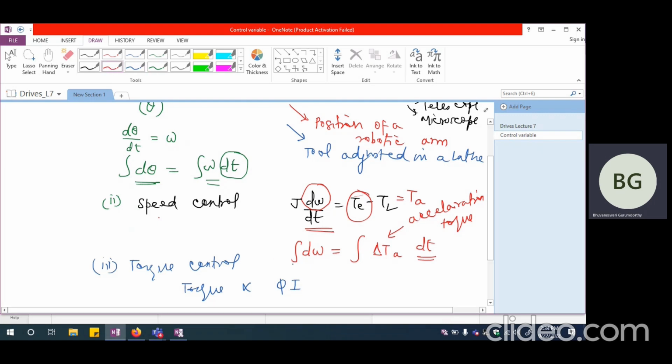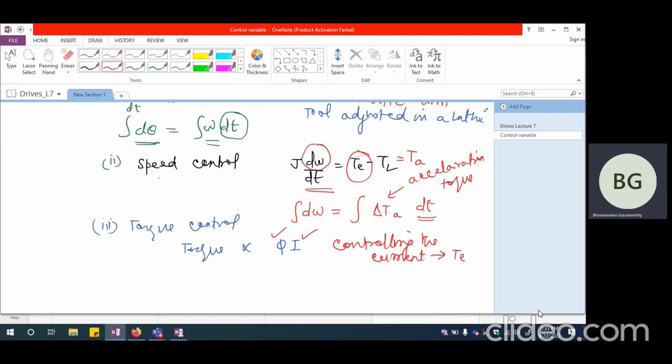So I have to either control the current or control the flux or control both. So controlling the current is going to affect a change in the torque. So that is going to essentially increase or decrease the torque.